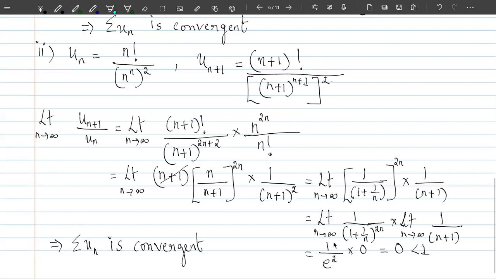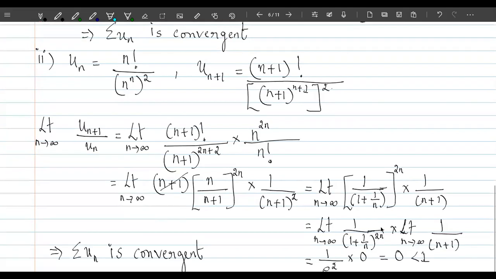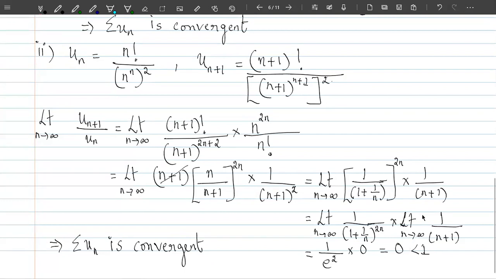Limit n tends to infinity 1 by 1 plus 1 by n to the power 2n is equal to 1 by e square. And the second limit, as n tends to infinity, becomes 0 here. So 1 by e square into 0, which is equal to 0, which is obviously less than 1. Therefore, the summation un is convergent.